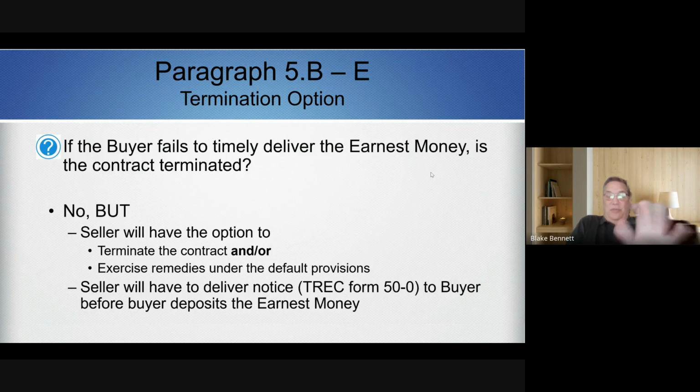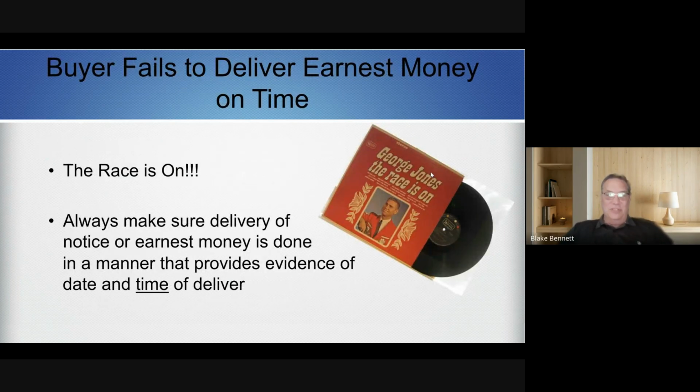The race is on. In other words, as George Jones says, the race is on. Buyer's trying to scrape together enough money for earnest and get it in, and seller's over here trying to serve buyer with termination notice. If buyer gets the earnest money in before seller can get that notice to him, seller can't back out.